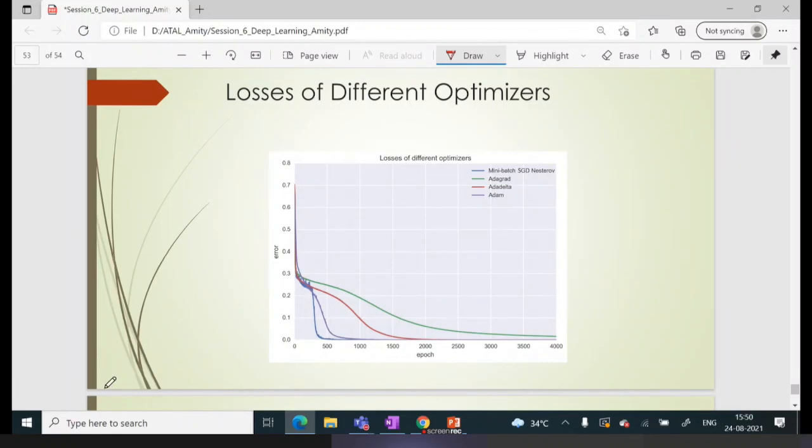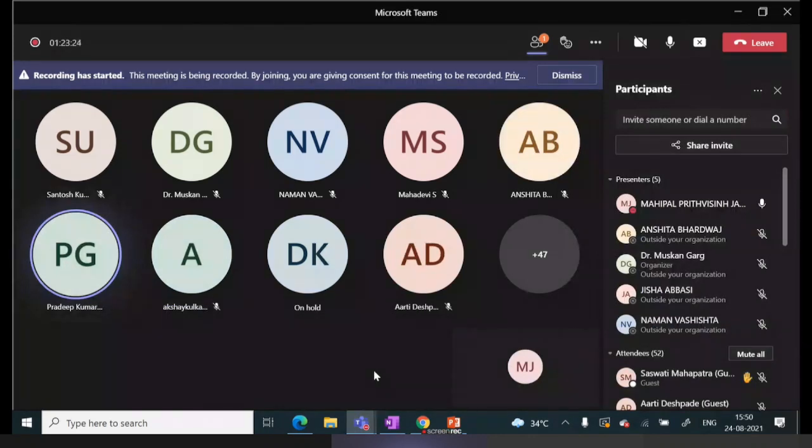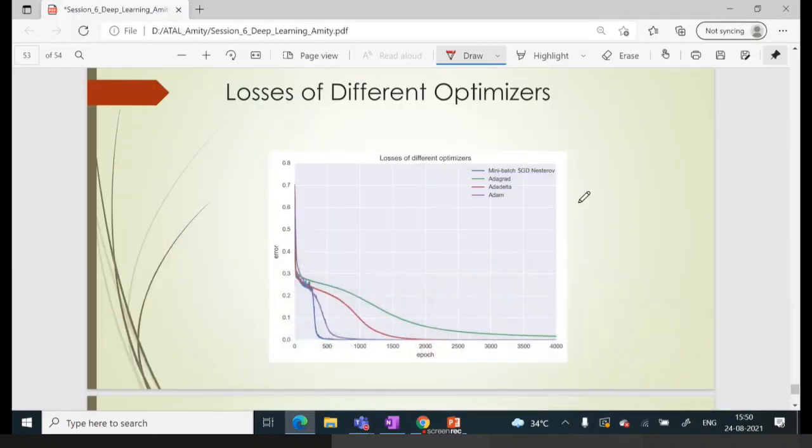Okay, fine. So now, again, there are some optimizers which will help us do this particular task.